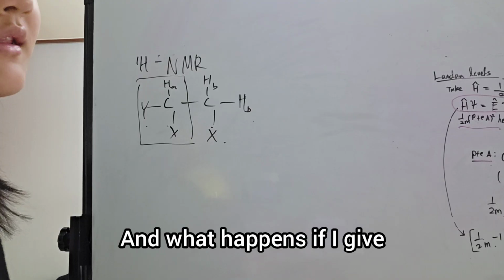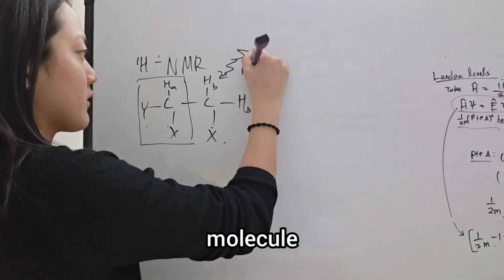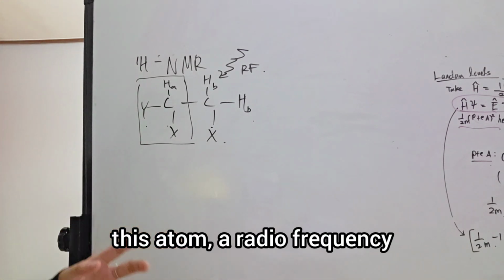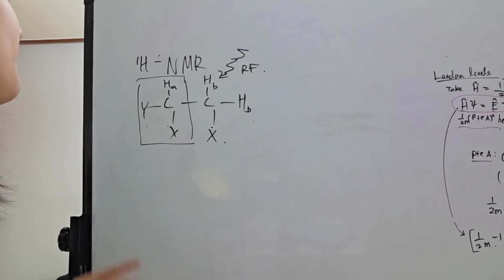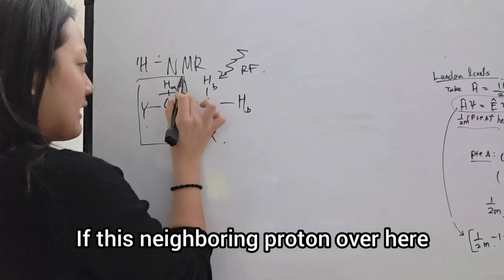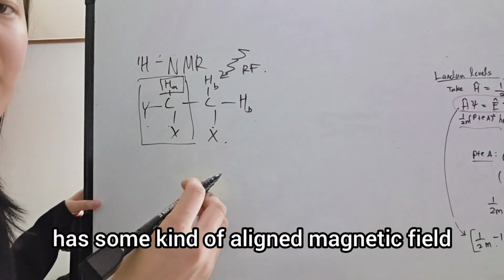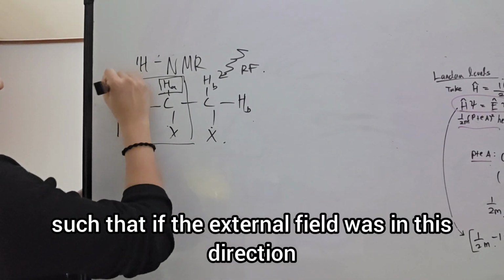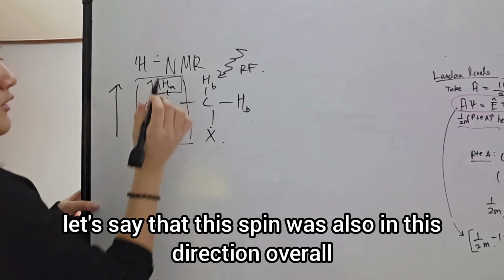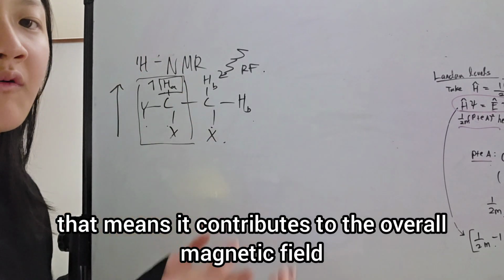And what happens if I give this molecule, this atom, a radio frequency, if I hit it with radio frequency? If this neighboring proton over here has some kind of aligned magnetic field, such that if the external field was in this direction, let's say that this spin was also in this direction overall, that means it contributes to the overall magnetic field.